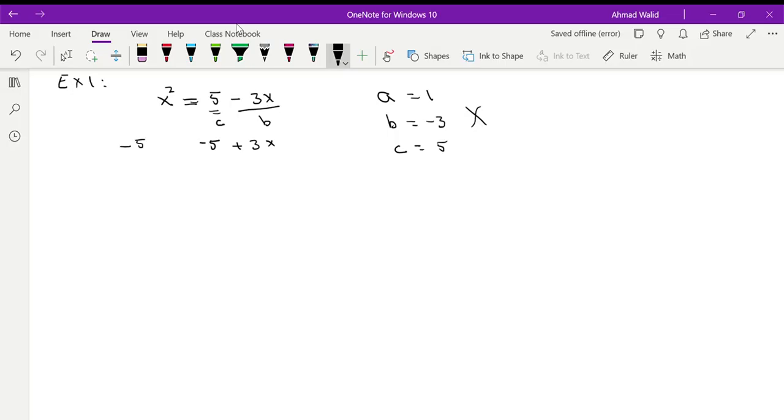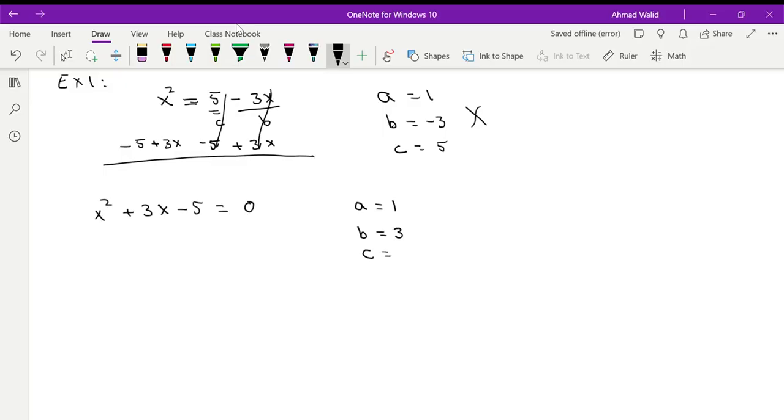Then it becomes x squared plus 3x minus 5. This side becomes what? 0. Now look, your a is equal 1, your b is equal positive 3, not negative 3, and your c is equal negative 5, not positive 5.